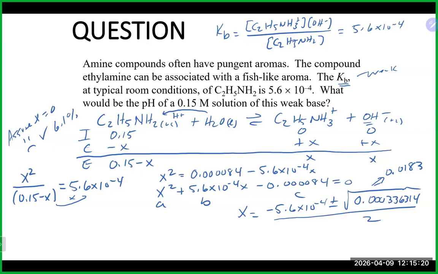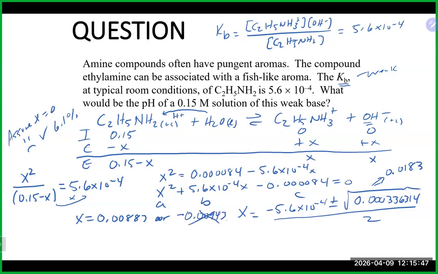Our x value is going to be, in this case, going the plus first here, 0.0183 divided by 2, an x value of 0.00887. The other one is most likely a negative number, which is not going to be good for us in this case, and a negative 0.00943.